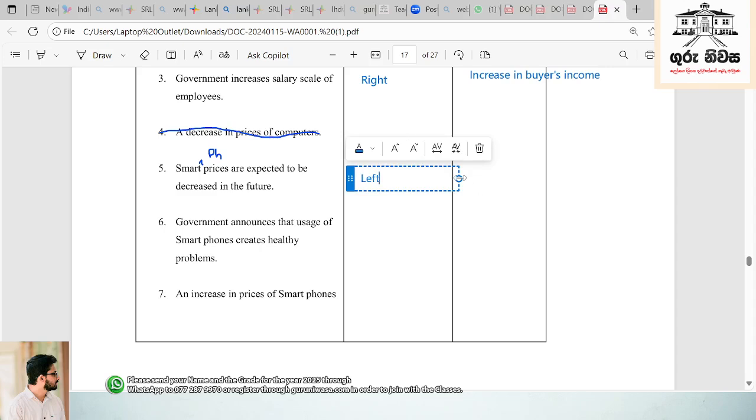Reason? Future prices are expected to decrease. We can say future prices are expected to decrease.